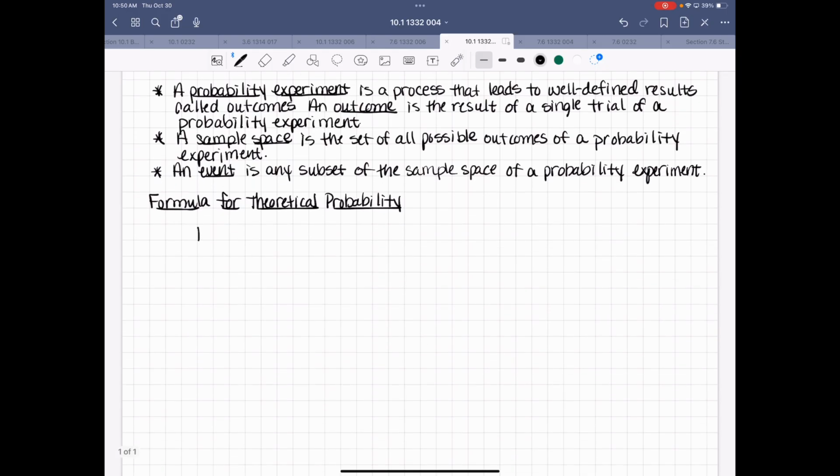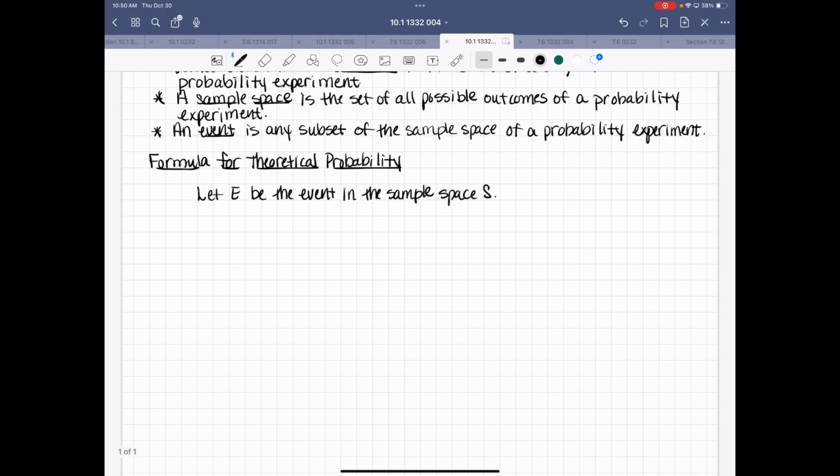Okay, let E be the event in the sample space S. Okay? The probability that an event occurs, we denote that with P(E).